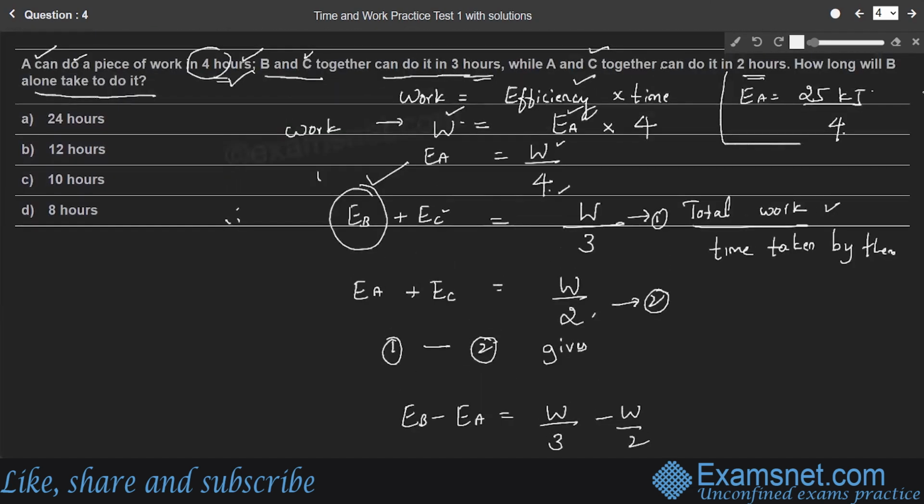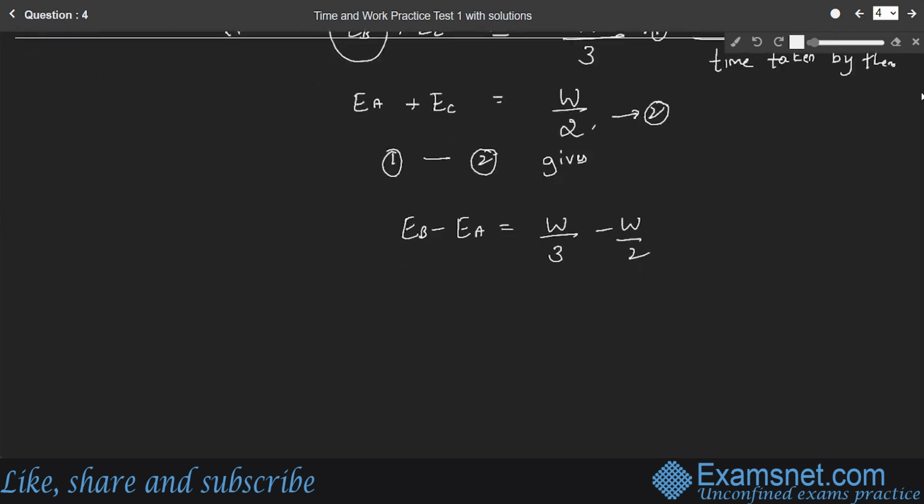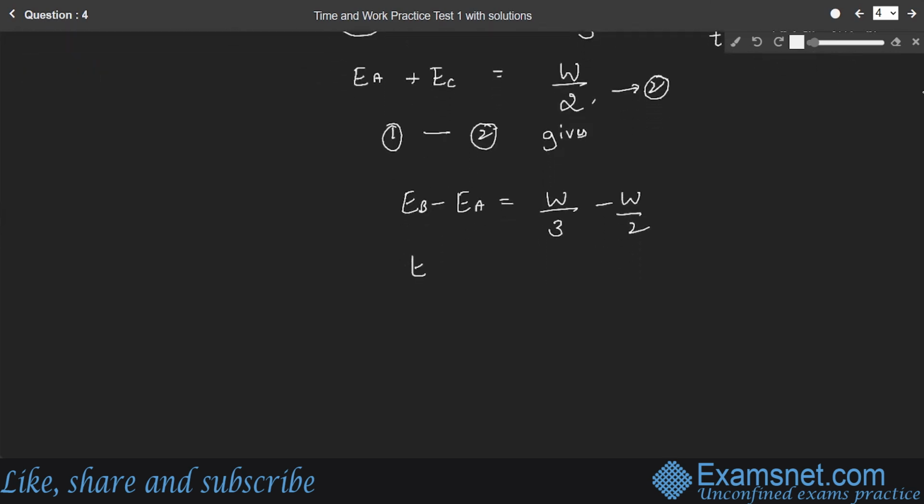Since EA is W by 4, this relation is already given, EB minus W by 4 is equal to W by 3 minus W by 2. Therefore, EB is equal to W by 3 minus W by 2 plus W by 4.